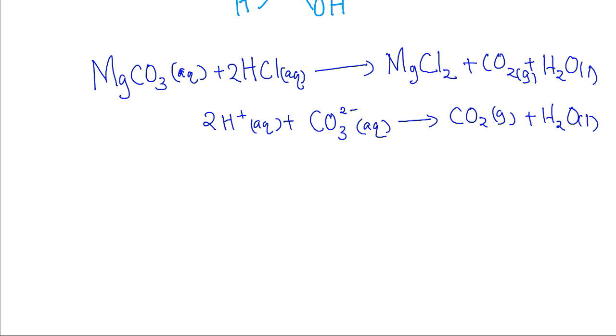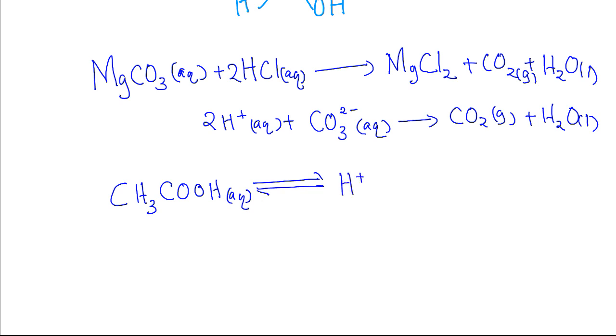So different acids ionize in solution. For example, an acid like ethanoic acid, which is an organic acid, also ionizes in solution to give hydrogen ion and ethanoate ion.